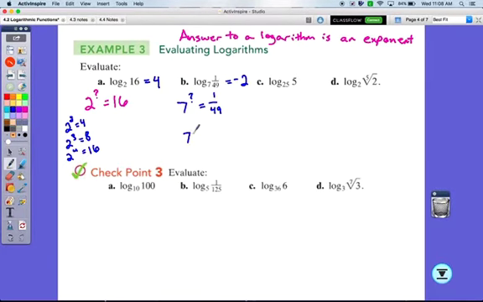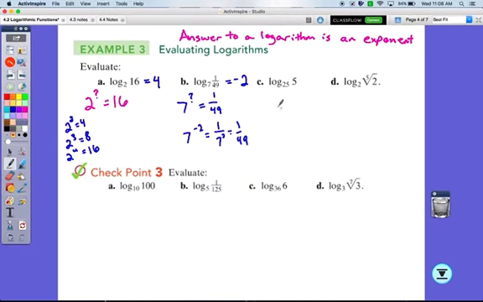So 7 to the negative 2 power is the same thing as 1 over 7 squared, which is 1 over 49. So if you have a fraction with a 1 on top and a number on the bottom that is a power of the base, then put a negative exponent.